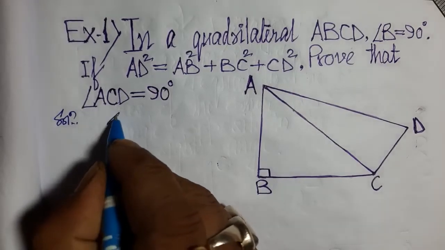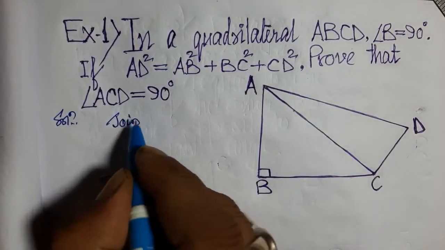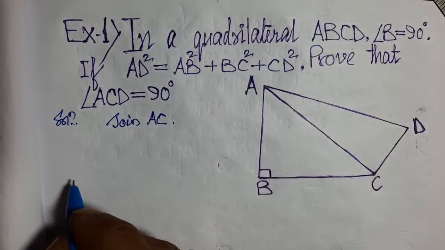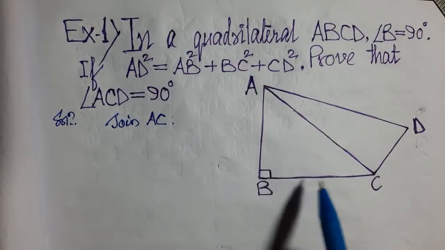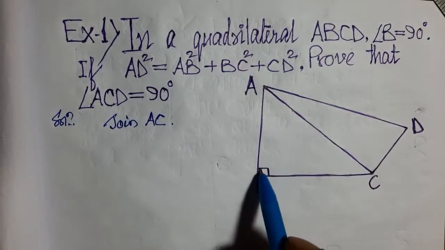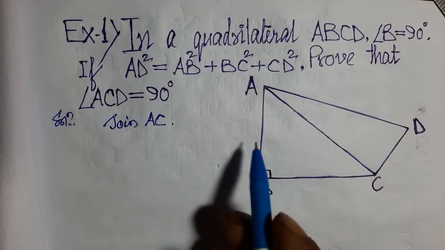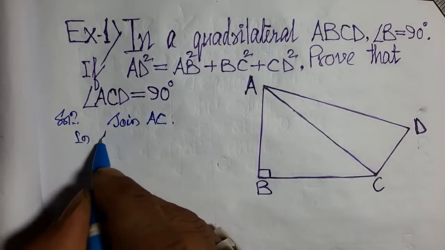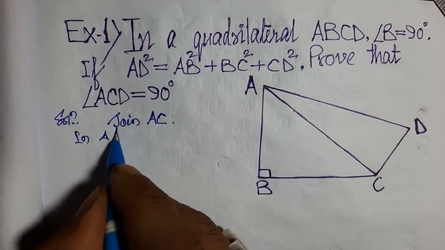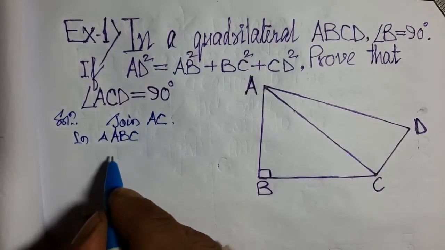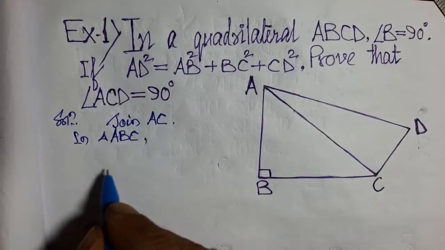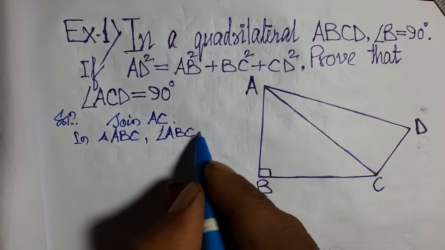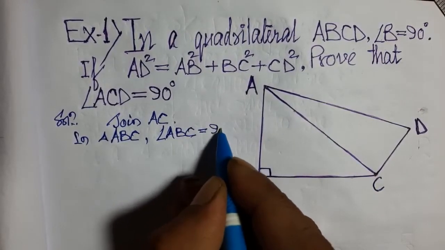Here join AC. In quadrilateral ABCD, angle B is equal to 90 degree. Join AC. In triangle ABC, angle ABC is equal to 90 degree.